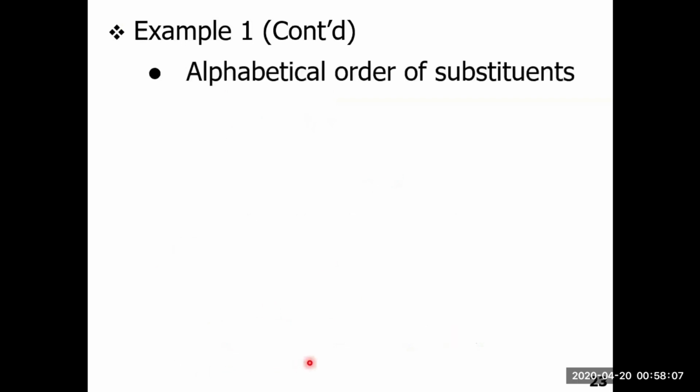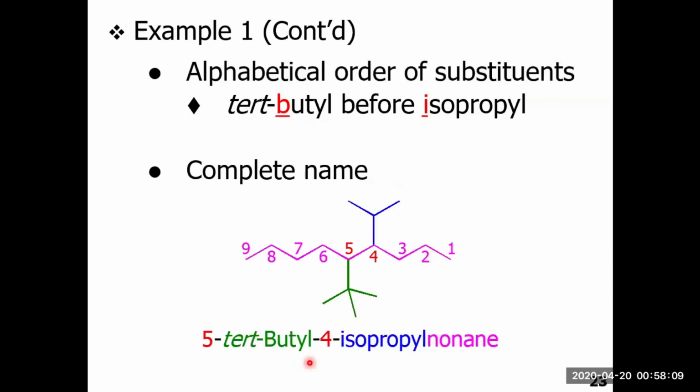Now, remember that isopropyl is included in alphabetization, but tert-butyl is not included. The tert here is not included for alphabetization.